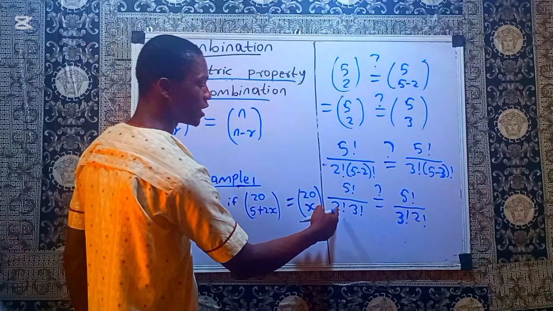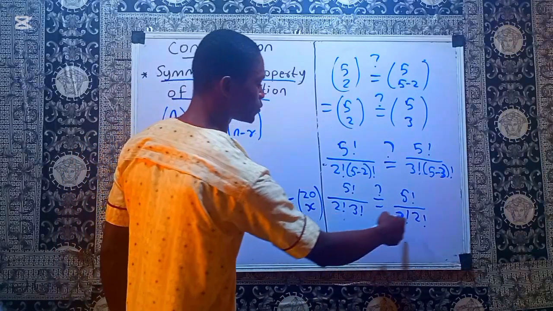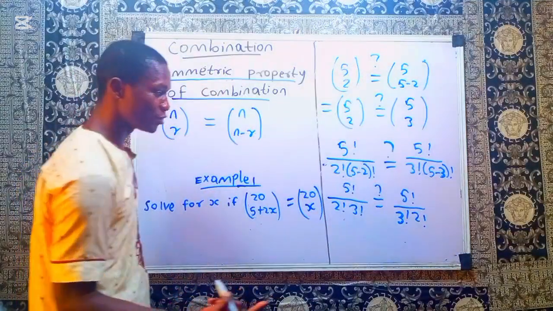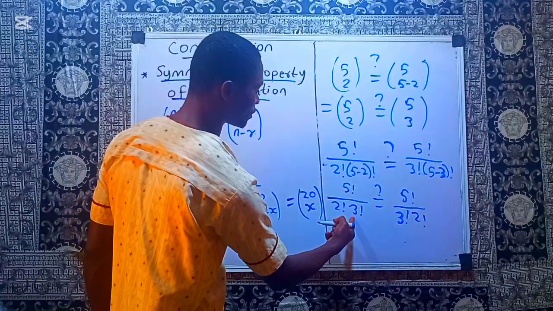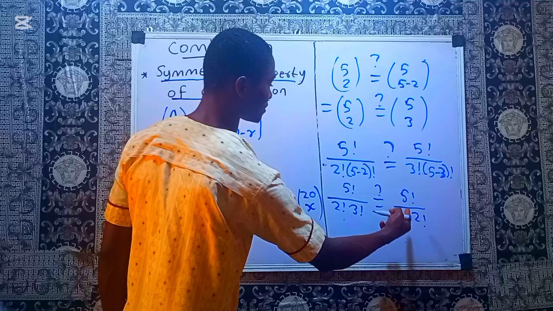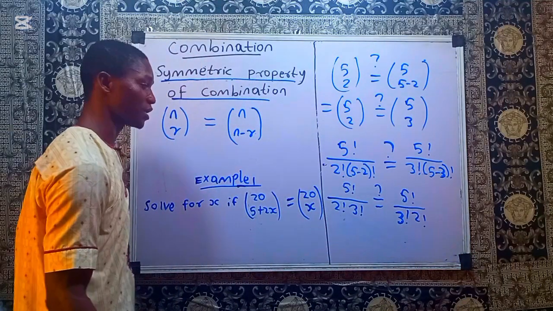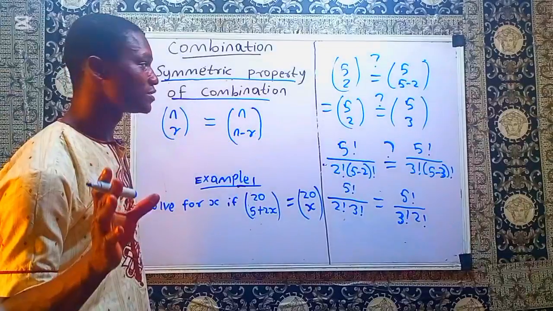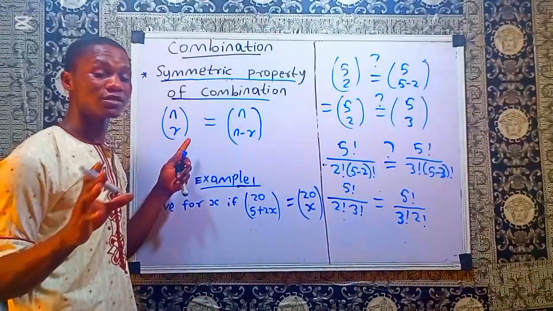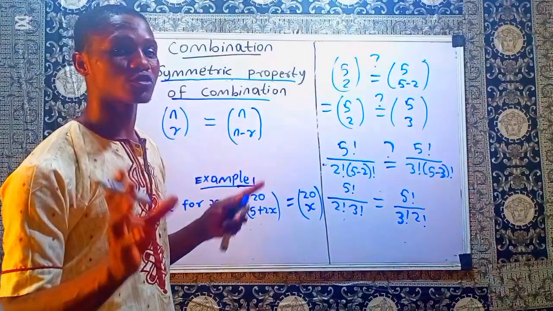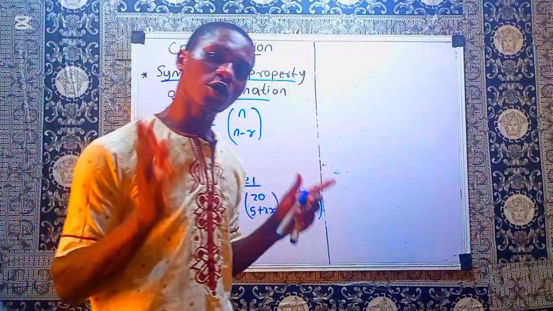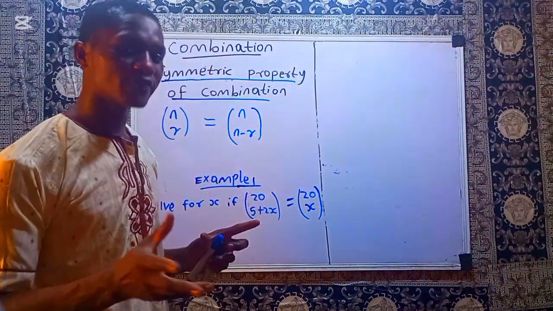We have 2 factorial, 3 factorial, we have 3 factorial, 2 factorial, which is the same thing, because 2 factorial, 3 factorial we have down here is the same thing as 3 factorial multiplying 2 factorial. So it means that these two things are the same, which tells you that this property, the symmetric property of combination is always what? True.